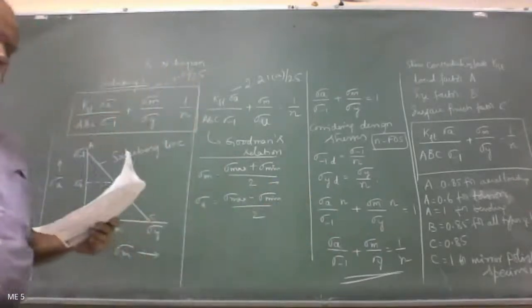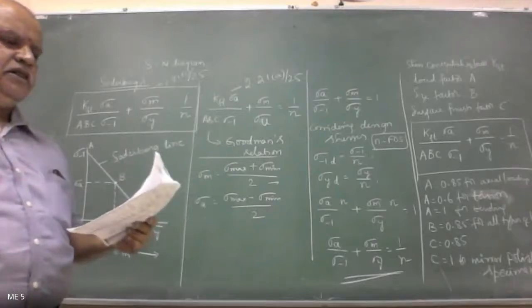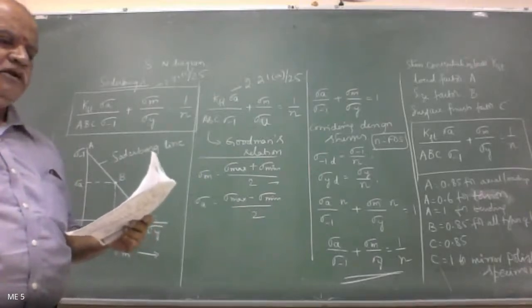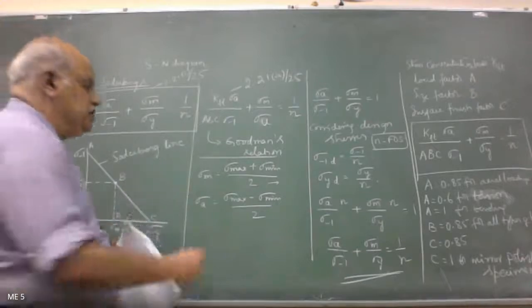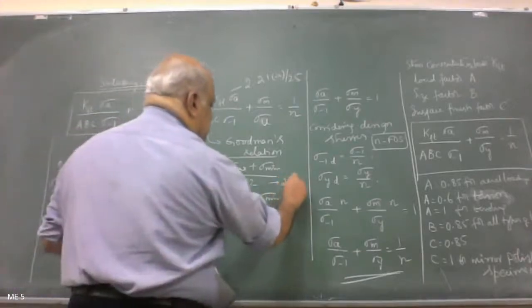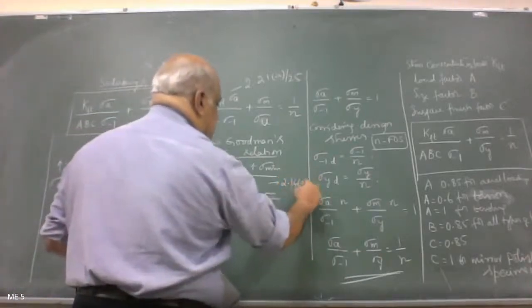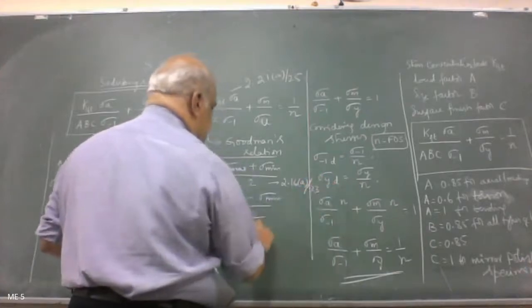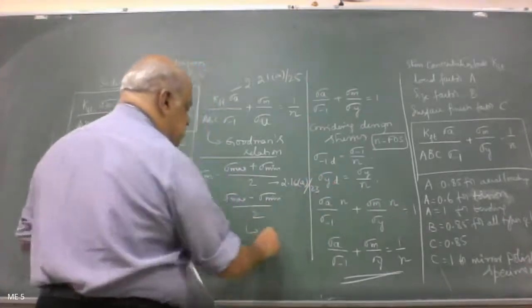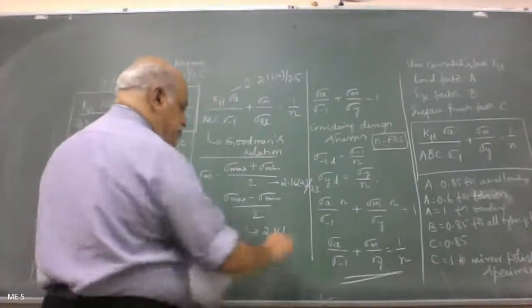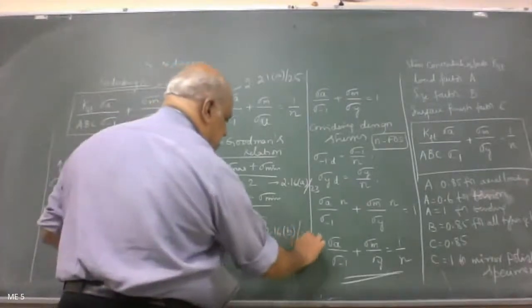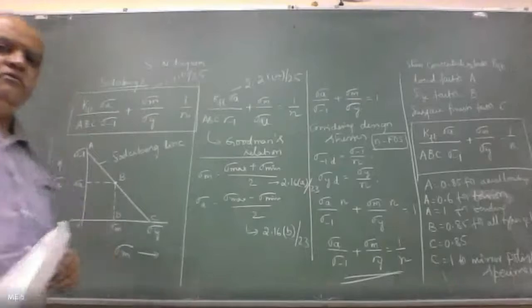Sigma mean, someone tell me. Go to page number 23. Sigma mean is equal to sigma max plus sigma minimum divided by 2, given by equation 2.16a in page number 23. And the equation for amplitude is given by 2.16b in page number 23.